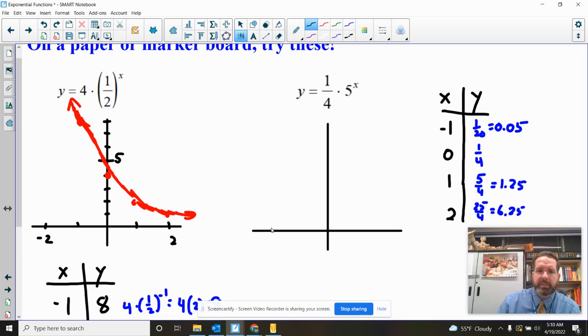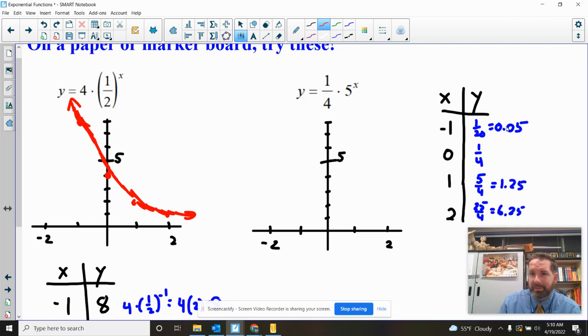It's a little bigger. 1, 2, 5. Okay, so my x's and my y's. So it goes down real low. I've got to make sure I go up at least as high as 6.25. Now because these are decimals, we're going to be estimating, but really we've been estimating the whole time anyway.